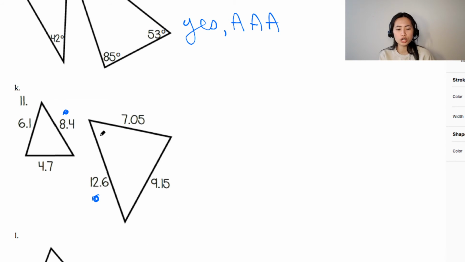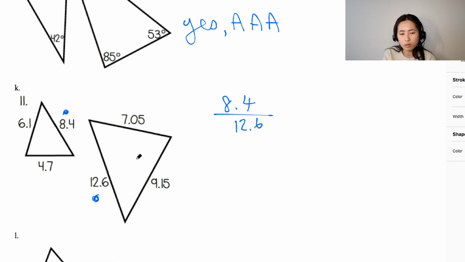Because if you look at the larger triangle, you have 7.05, you have 9.15, and you have 12.6. Well, the longest dimension in this larger triangle is 12.6. Does that make sense? So that's why if you have 8.4, you need to compare that with 12.6. And we're going to set that up right now. So this is 8.4 divided by 12.6.